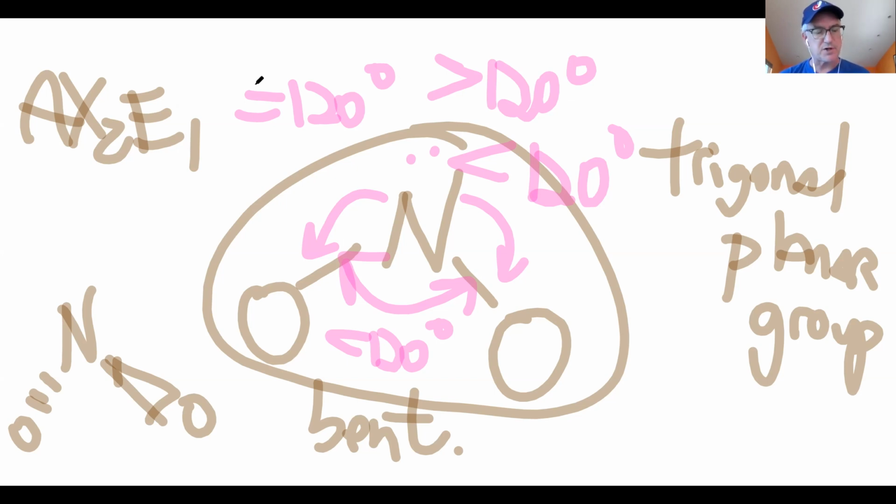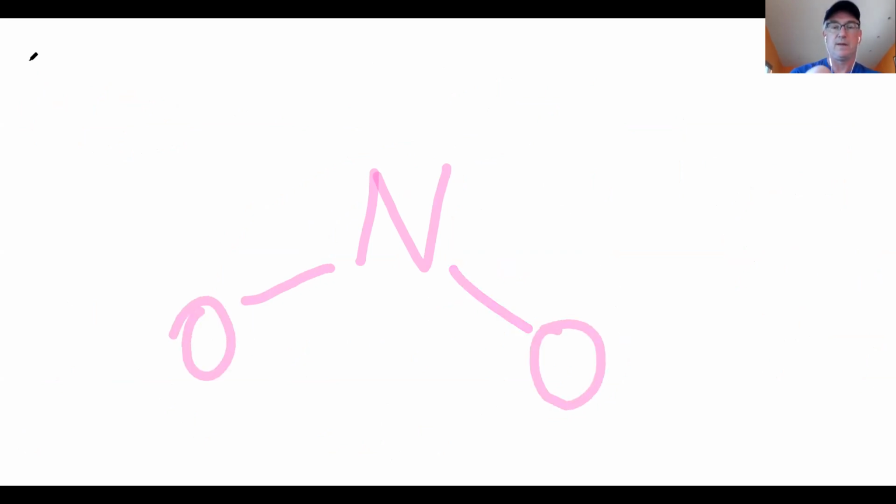Oh, let's put partial positive and negative charges on the nitrogen and oxygen. Let's do that. So we'll determine whether or not it's polar. So there's my nitrogen, there's my oxygen, there's my lone pair. I'm not going to bother putting the others in, I just want to put the dipoles in.